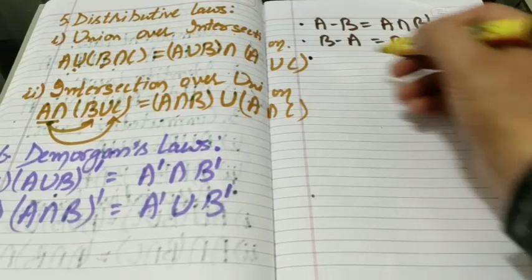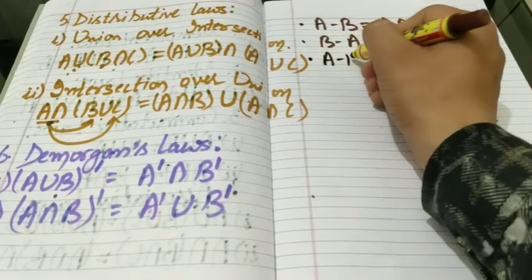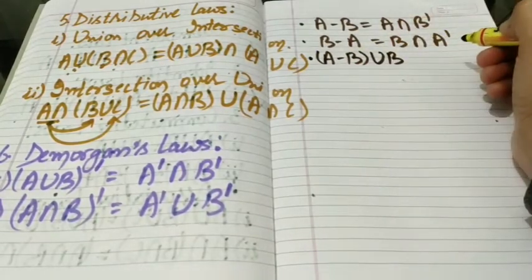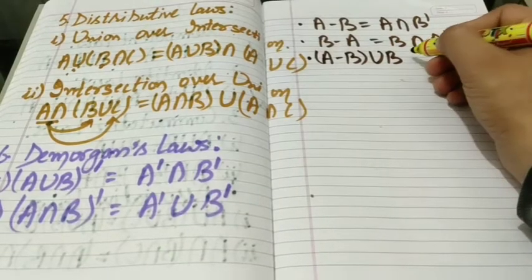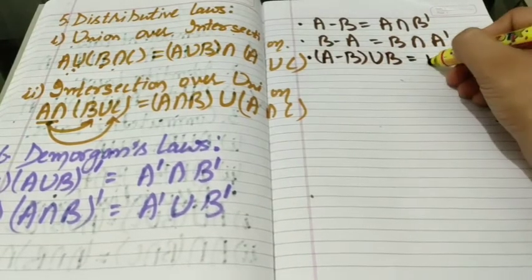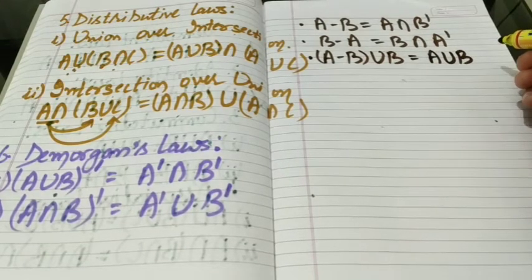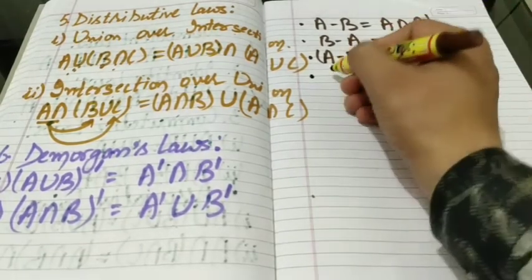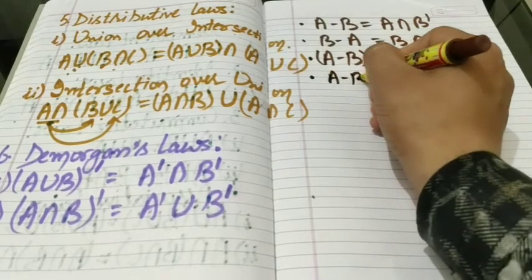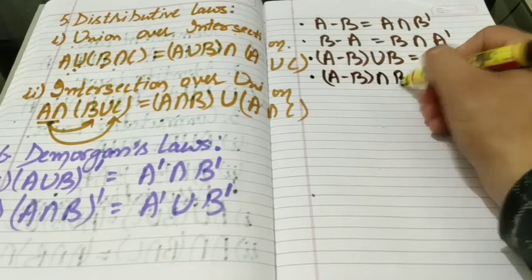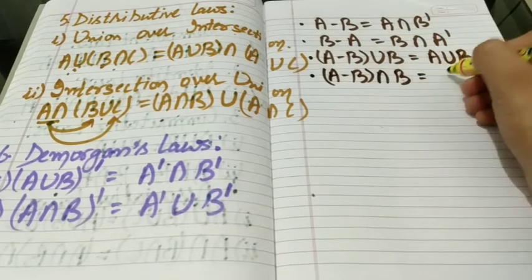Next is (A minus B) union set B is equal to set A union set B, and the difference of sets A and B, that is (A minus B) intersection set B, equals the empty set, which is phi.